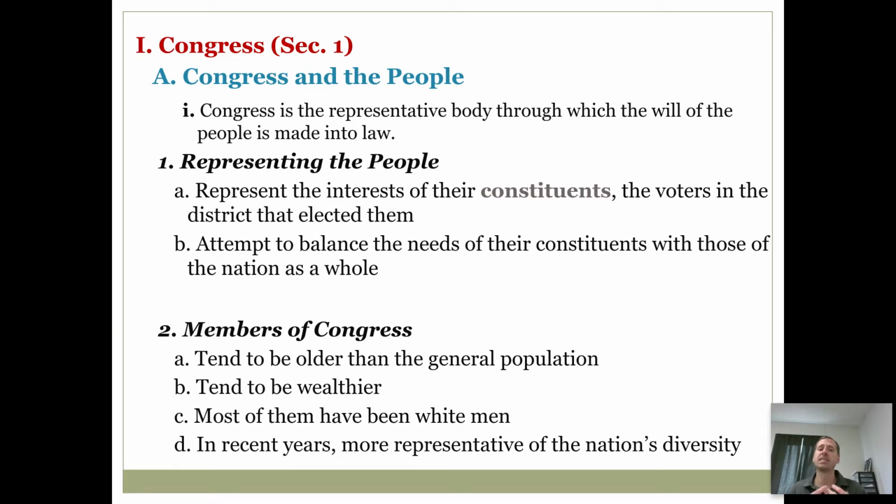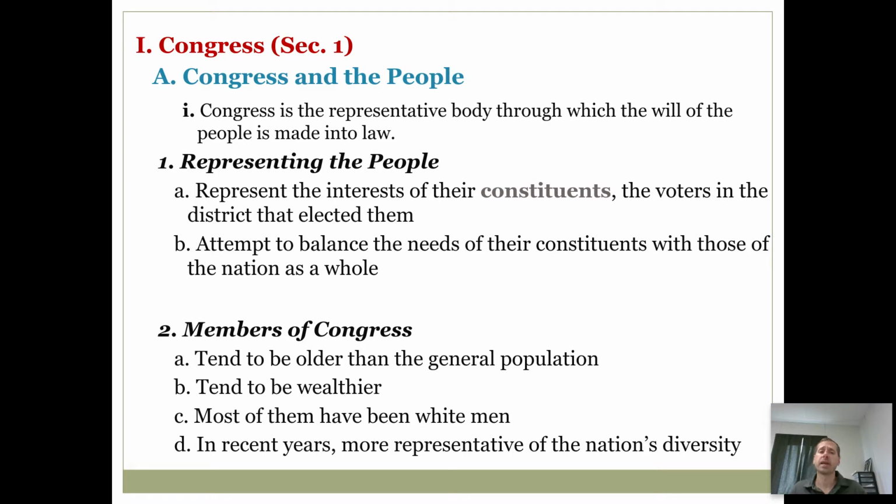We are called constituents. We are the voters in the district that elected them. Now, the job of a congressman is not to do just what's in the best interest of his or her own district. They also have to balance it with what's best for their country as a whole, what's best for us as a nation.